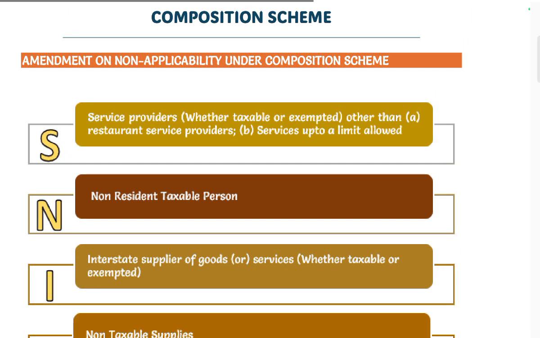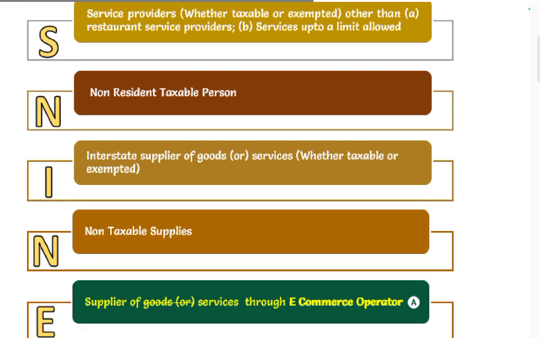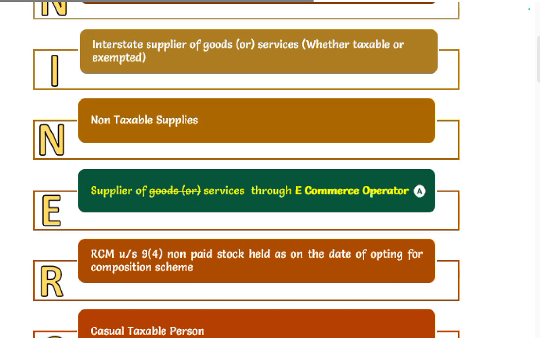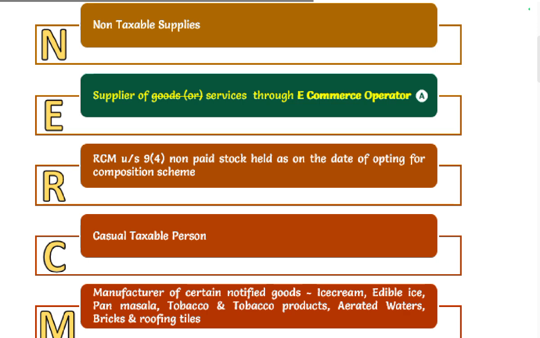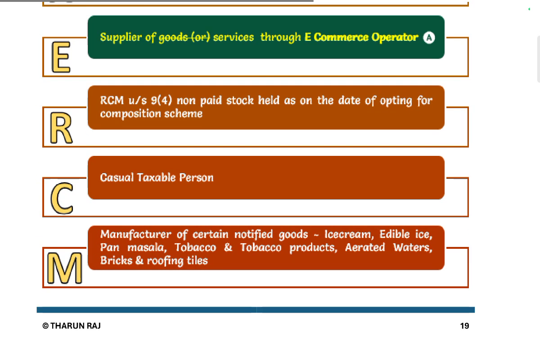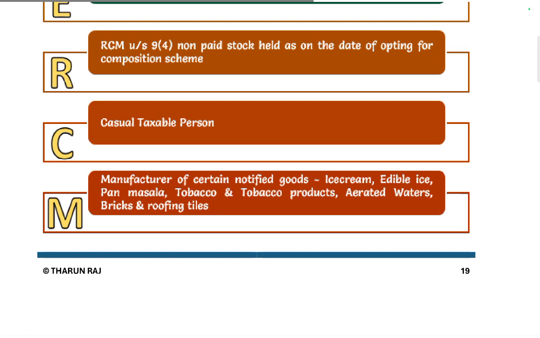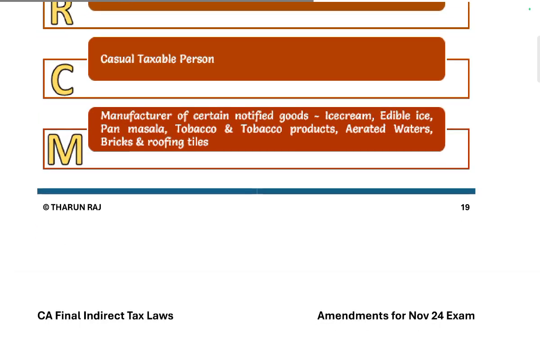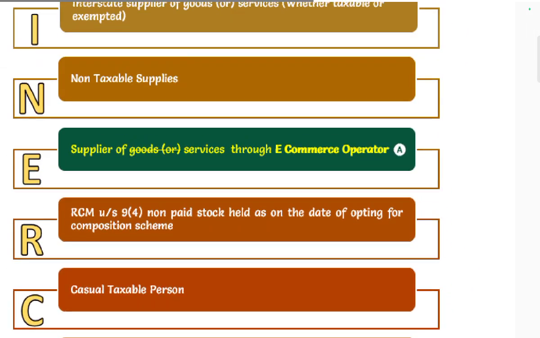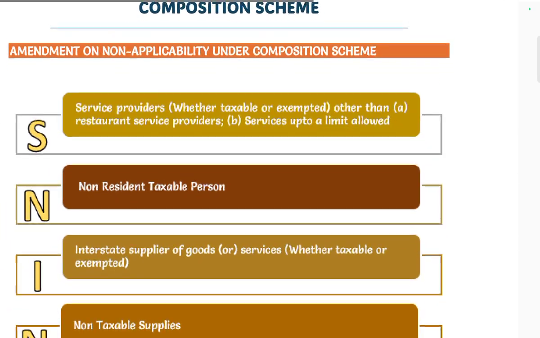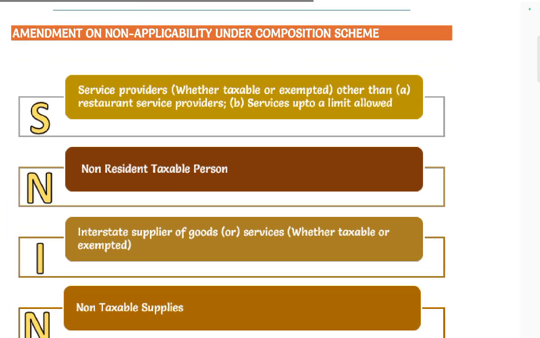It is also not available to a non-resident taxable person, or for non-taxable interstate supply of goods and services, whether taxable, exempted or non-taxable. Also excluded are suppliers of service through an e-commerce operator, RCM under section 9(4) not paid, and stock held on the date of opting for the composition scheme. Casual taxable persons and manufacturers of certain notified goods like ice cream, vegetable oil, pan masala, tobacco products, and tiles are excluded. Amendment for non-applicability of the composition scheme.